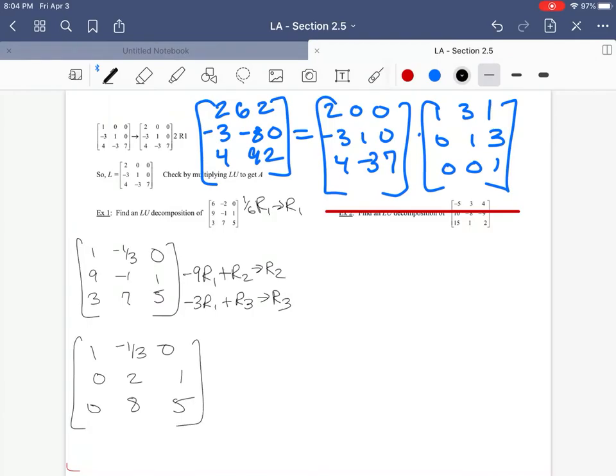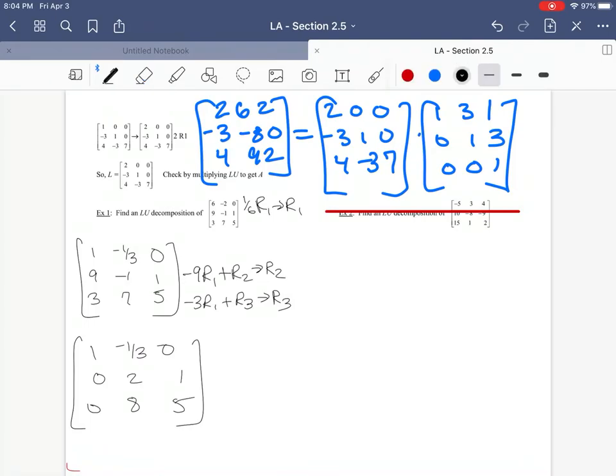All right, so now I think I chose to multiply this by 1/2, so 1/2 of row 2 stays in row 2. Actually, let's do something else. I changed my mind.